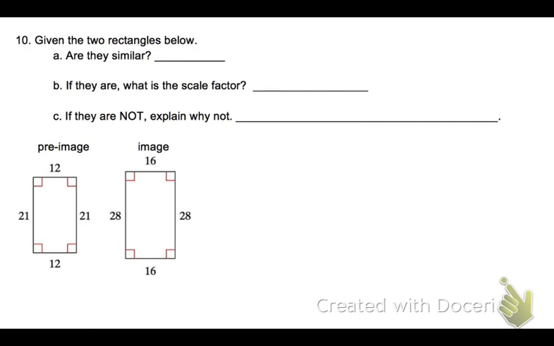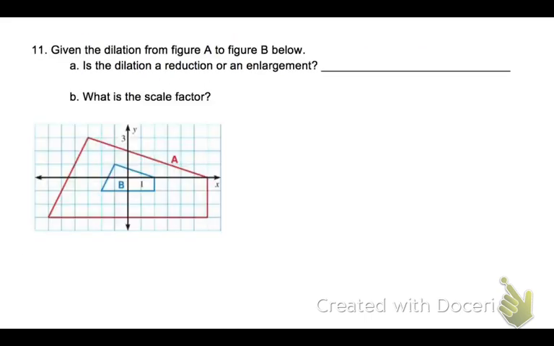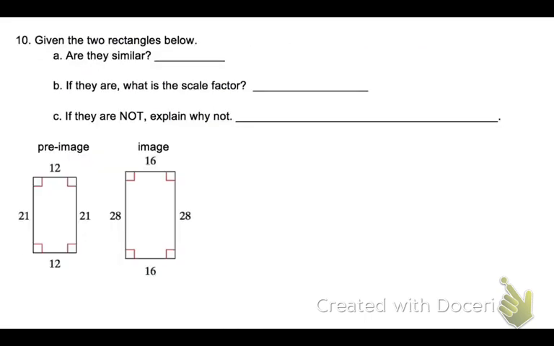So here you're given these two figures, and you're going to find out if they're similar. All 4 angles are congruent, so we don't have any problem with angles. You can hear the dog in the background.